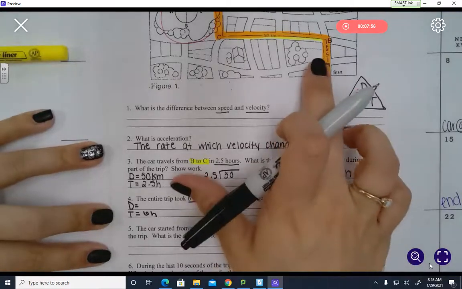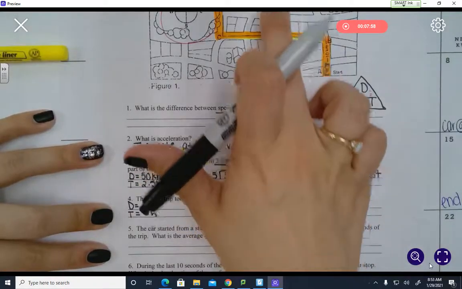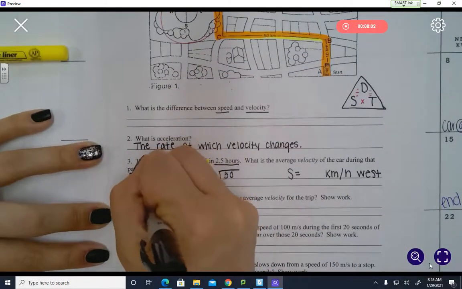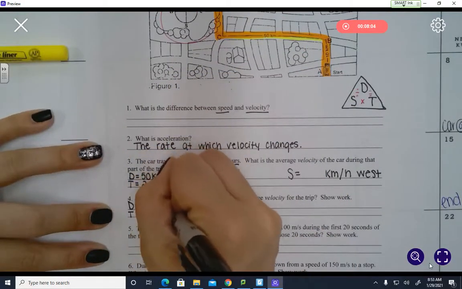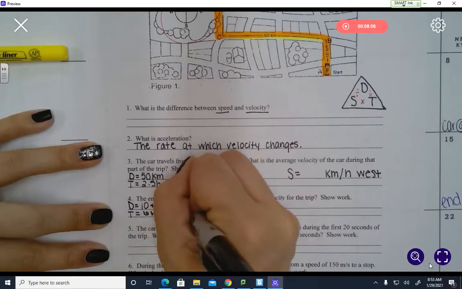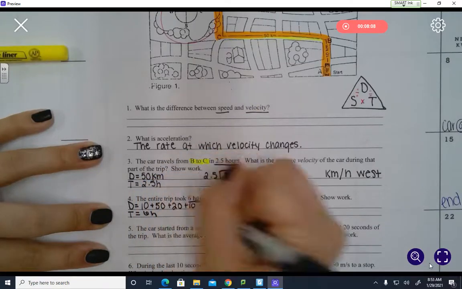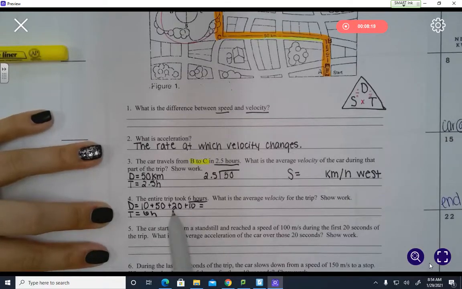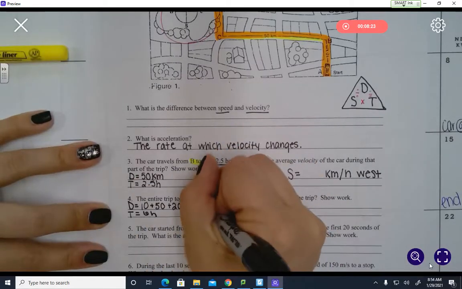So it would have to be 10 plus 50 plus 20 plus 10. 10 plus 50 is 60, plus 20 is 80, plus 10 is 90.